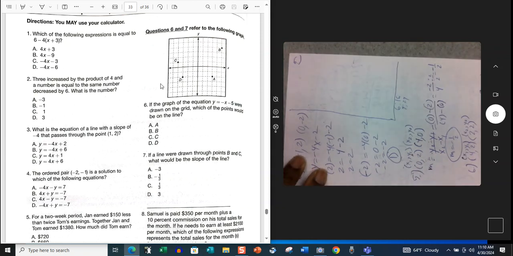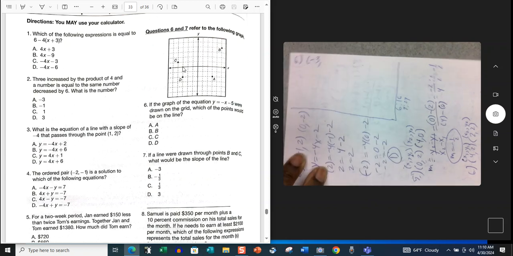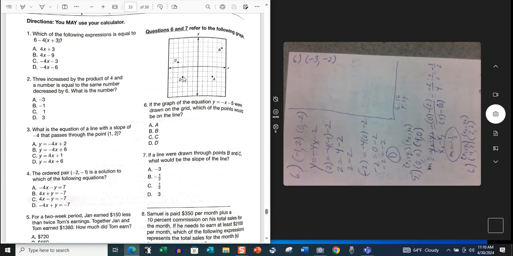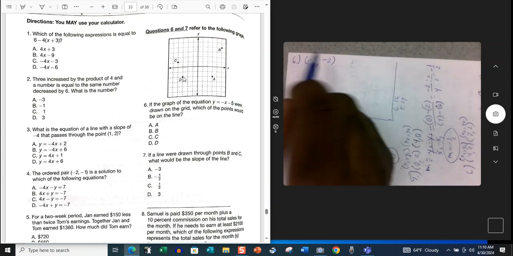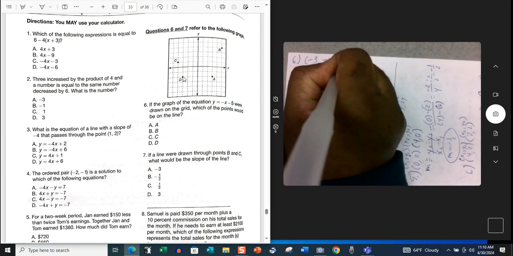Okay, now if we look here at D, remember we start at the origin and we move to the left 1, 2, 3 places. So that means your x would be negative 3. Now your y, we went down 1, 2. Your y would be negative 2. So we're saying negative 3, negative 2 should work in this equation, y equals negative x minus 5.